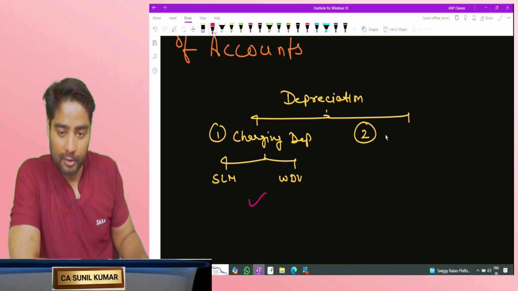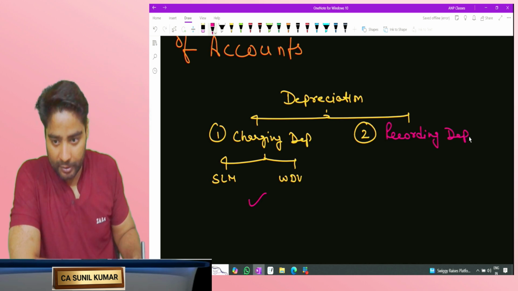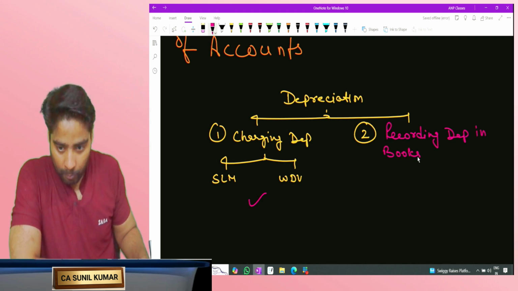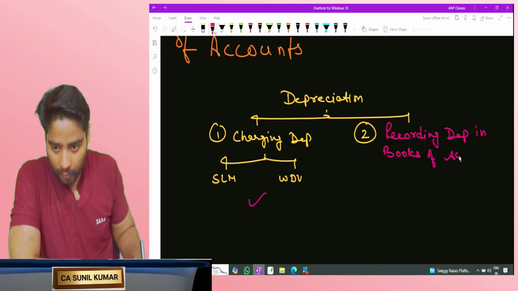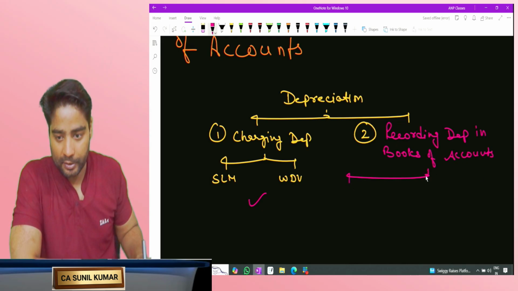So there are methods for recording depreciation in books of accounts. There are two methods.